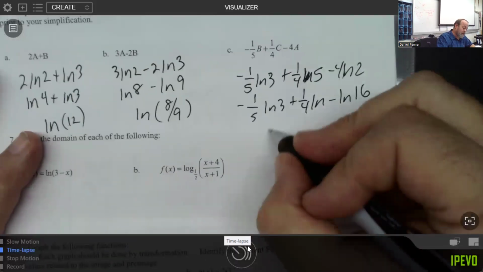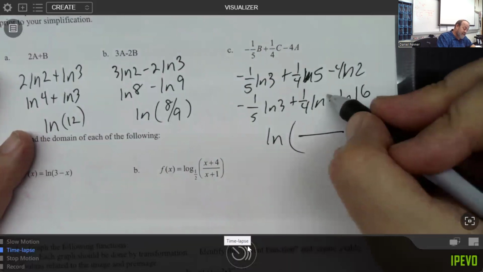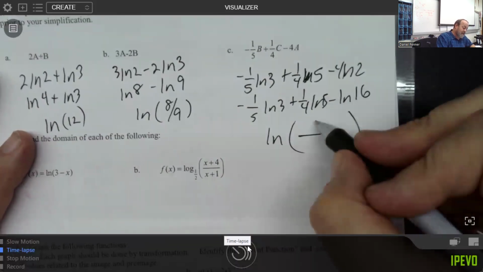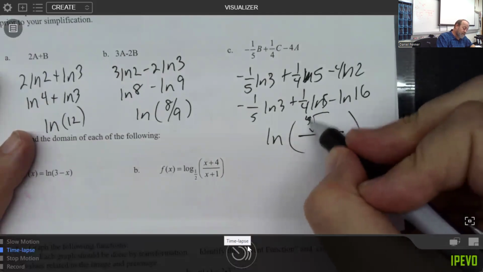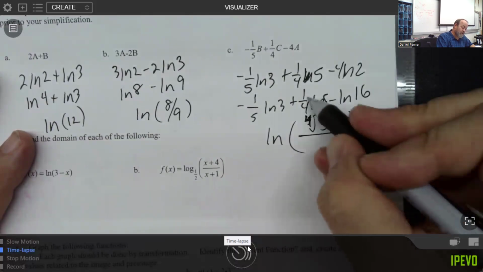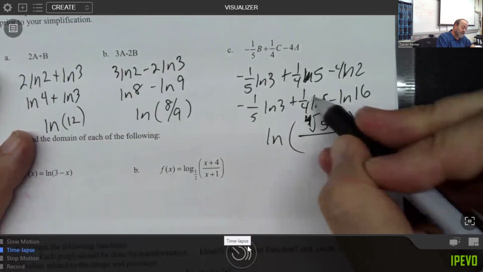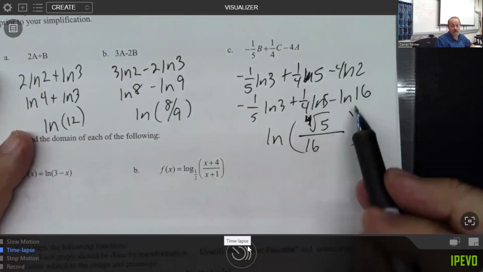So here we go. Our final answer. Oops, I missed my 5 there, didn't I? So I've got the fourth root of 5 because 5 was to the 1/4 power. So that's the fourth root of 5. This 16 is in the bottom because it's minus.